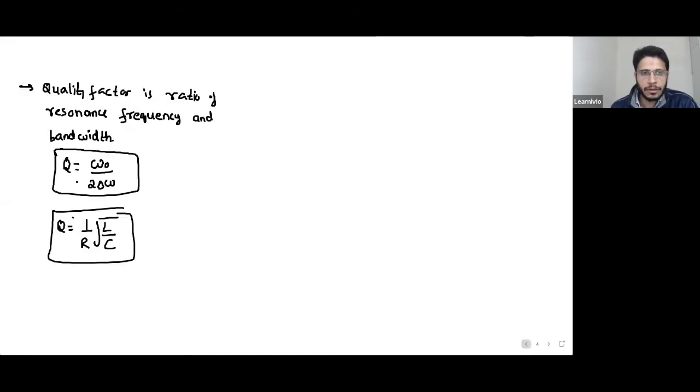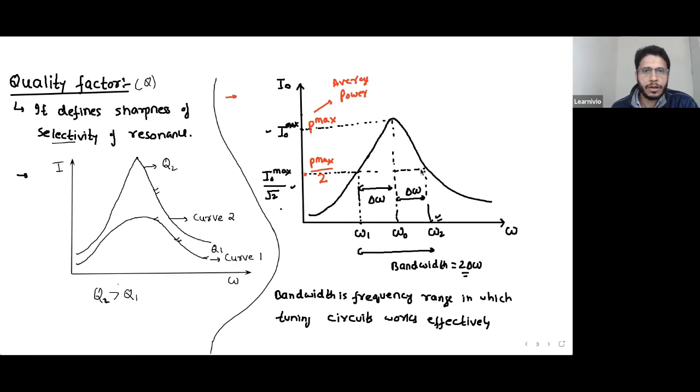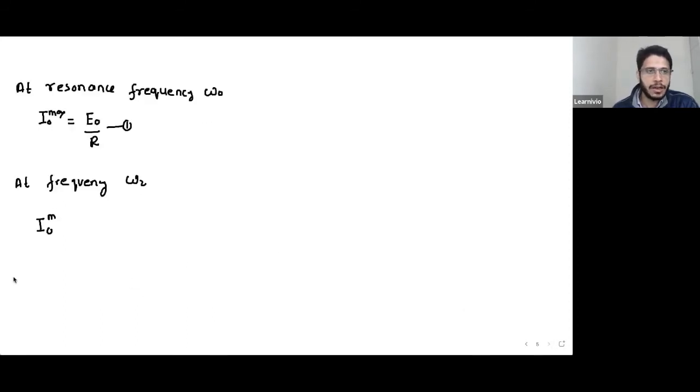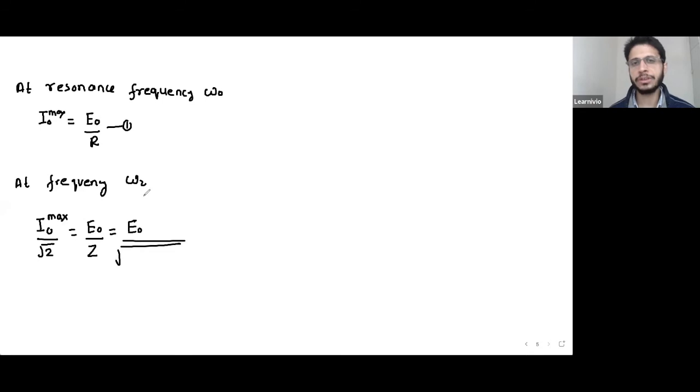See, at omega 2, your current is not maximum, it's the maximum value divided by root 2. So it's basically I naught max divided by root 2, which is equal to E naught divided by Z. And Z you can write, because omega 2 is not the resonance frequency, Z is not minimum.